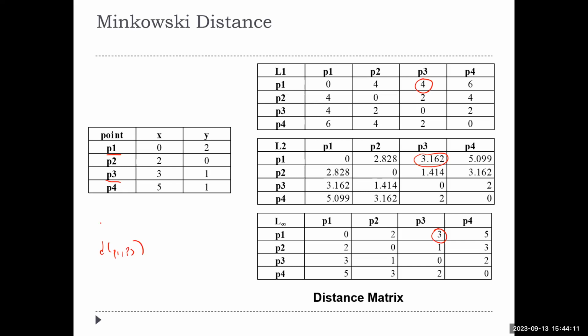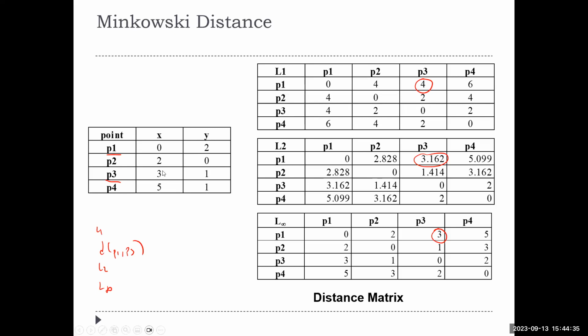You can use L1 difference, L2, or L-infinity. So for P3, in the first column there is also P3. So why do we take 3, not 0? Say your question here.